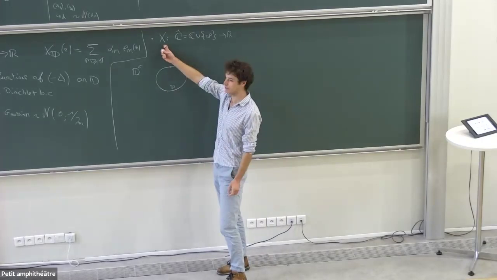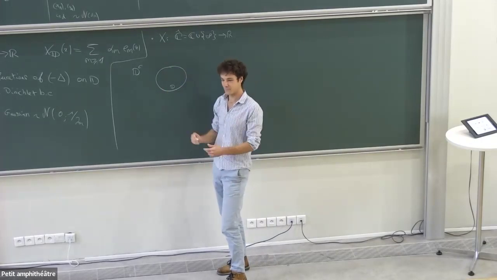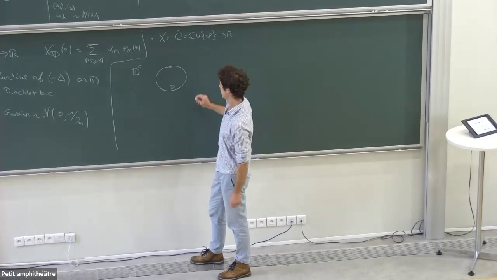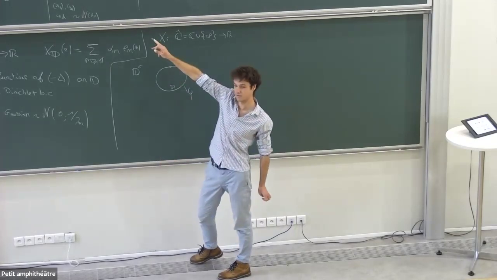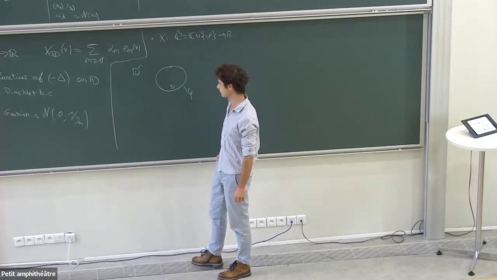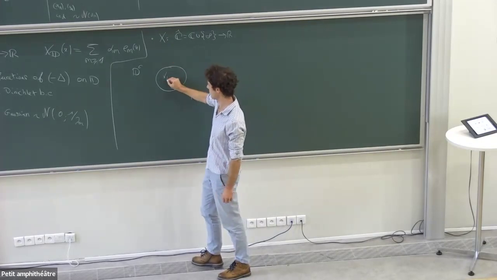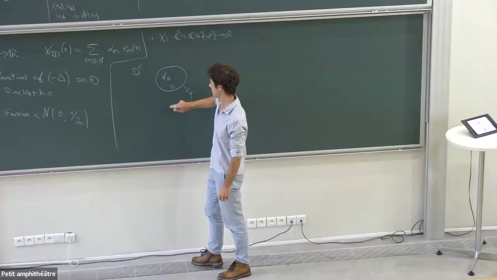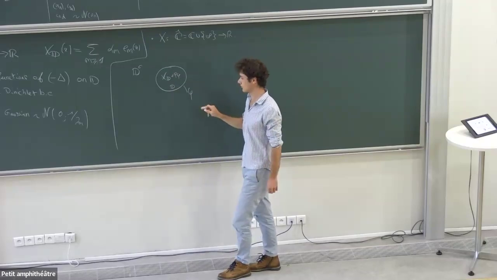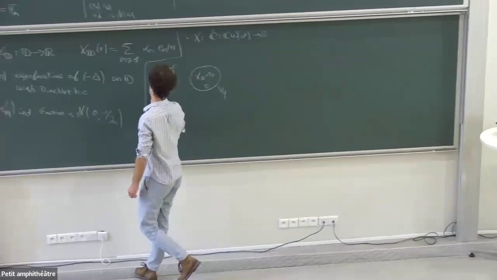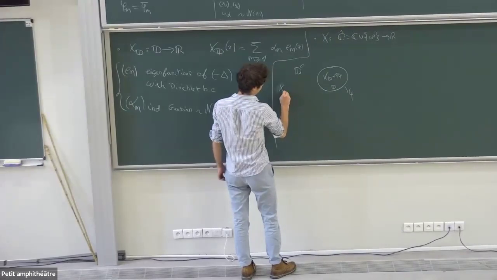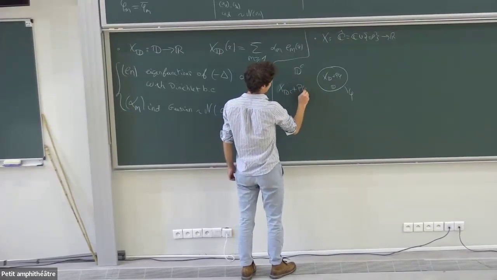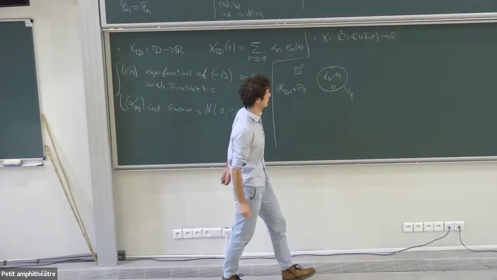And what I can do is I can say that sampling a random function on the sphere is the same as sampling first a function phi according to this measure. Then inside the disk, I can sample a Dirichlet GFF, to which I add this harmonic extension. On the outside, I add another Dirichlet GFF, but on the complement of the disk.